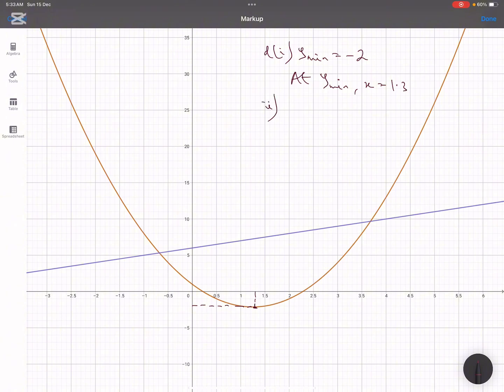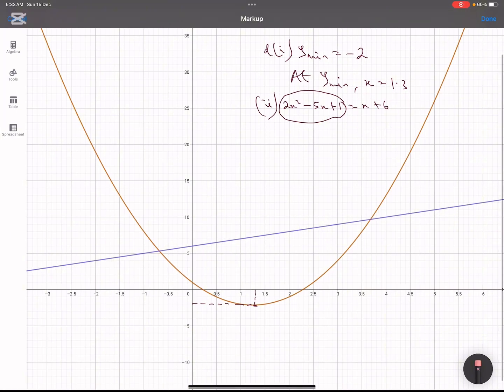Now Roman figure 2 says the solutions of 2x squared minus 5x plus 1 equals x plus 6. What we do here is, the solutions of 2x squared minus 5x plus 1 equals x plus 6 are the same as the solutions at the point of intersection of the graph of y equals 2x squared minus 5x plus 1, which is a curve, and the graph of y equals x plus 6, which is a straight line.